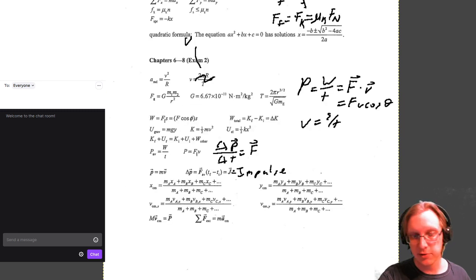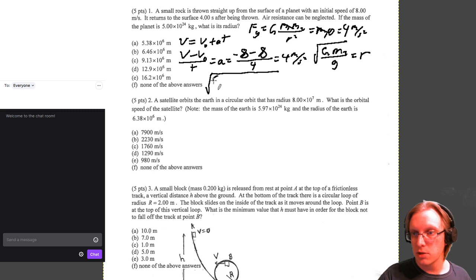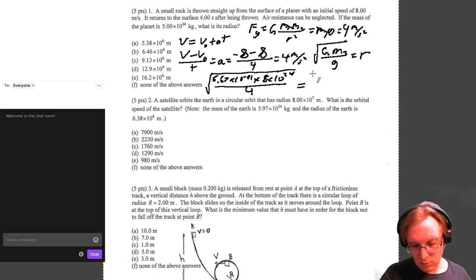This here, 6.67 times 10 to the minus 11, times the mass of this thing, 5 times 10 to the 24, divided by 4, and that is equal to the square root. 6.67 e minus 11 times 5 e 24, divide 4, and execute.